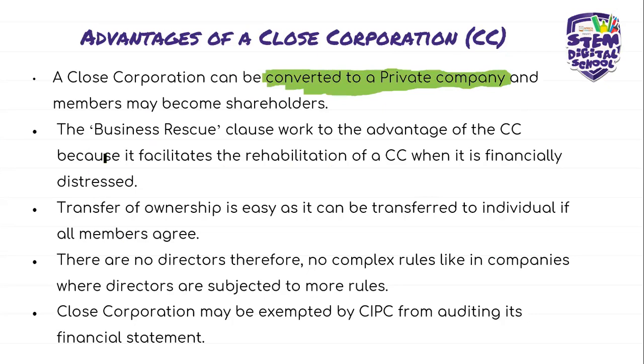The business rescue clause works to the advantage of the CC because it facilitates the rehabilitation of a CC when it is financially distressed, basically. That's another important point, and I hope it makes sense, right? Transfer of ownership is easy, as it can be transferred to an individual if all members agree.